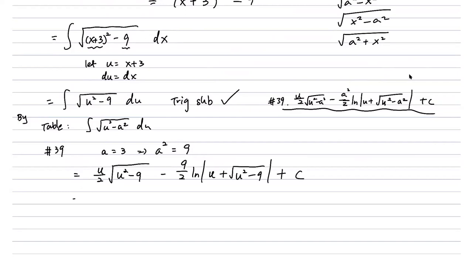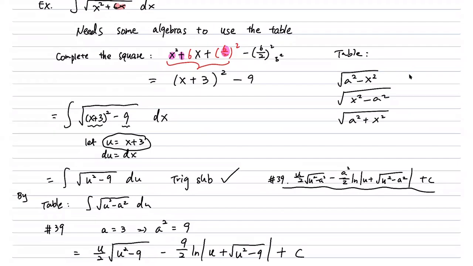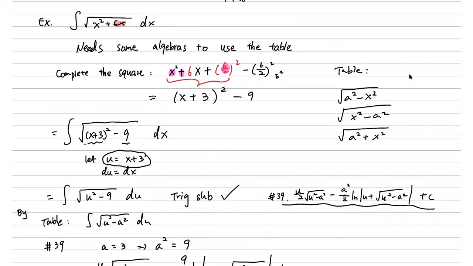All right, and now we're going to put u equal to x plus 3 back. So we're going to have x plus 3 over 2. And now inside here, you're going to do x plus 3 squared minus 9. In other words, x plus 3 squared minus 9 is just your x squared plus 6x, right? So this is where that comes from. The x plus 3 squared minus 9 becomes x squared plus 6x.